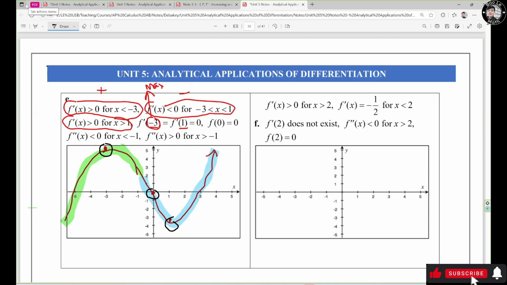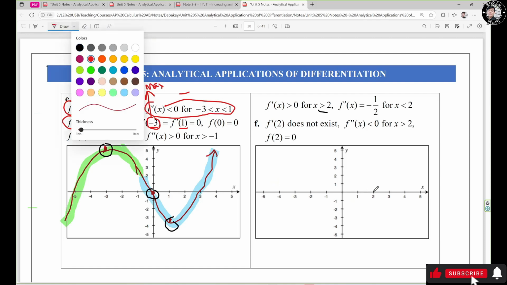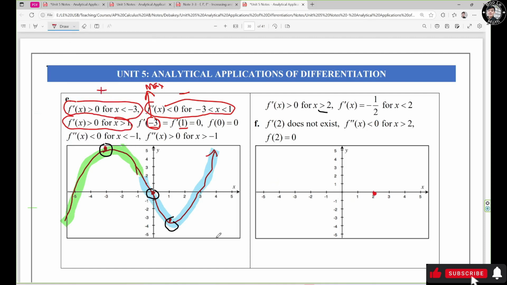Now let's move on to the last question. Question F. f prime of s greater than 0 for s greater than 2. f prime of s equals negative 1/2 for s less than 2. f prime of 2 does not exist. f double prime of s less than 0 for s greater than 2, and f of 2 equals 0. So f of 2 equals 0, which means the function passes this point, right?